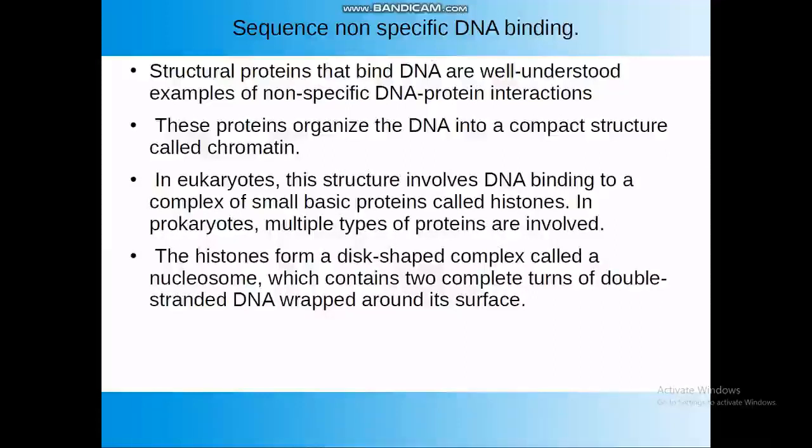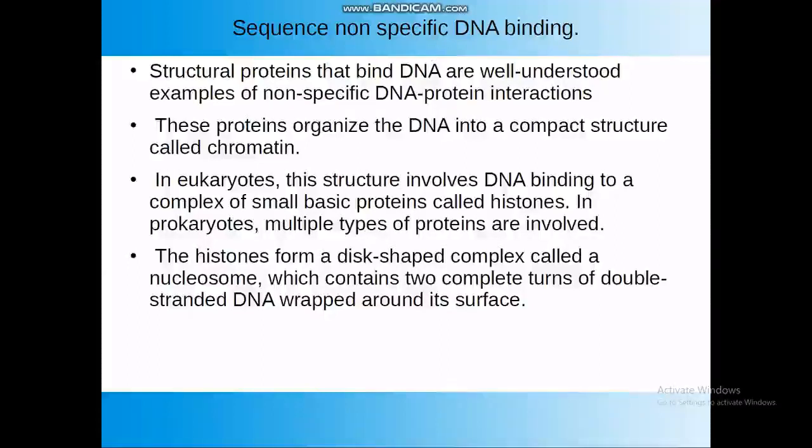In prokaryotes, multiple types of proteins are involved, whereas in eukaryotes, this structure involves DNA binding to a complex of small basic proteins called histones. The histones form a disc-shaped complex called a nucleosome in eukaryotes, which contains two complete turns of double-stranded DNA wrapped around its surface.